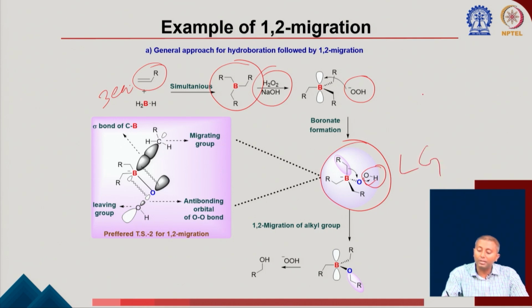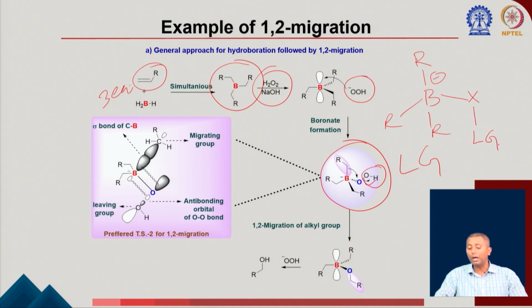So the concept you are learning here is that if you have a boron with an R group, some sort of a boron ate species, and an X group with a leaving group, then R can give electron density to the corresponding sigma star orbital of the X-leaving group bond.